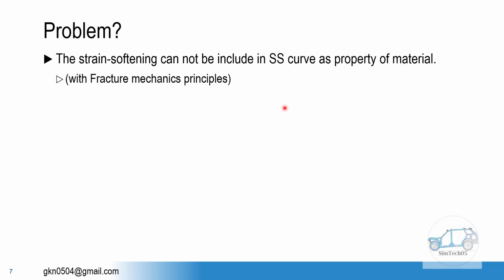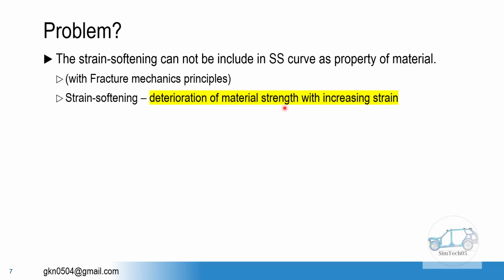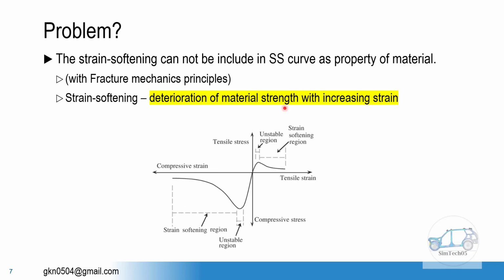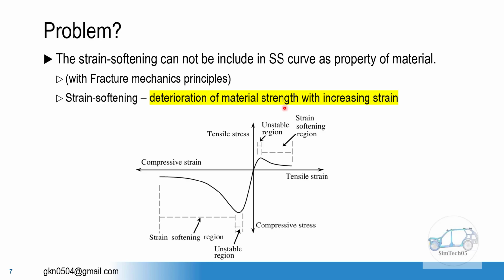The problem is, in classical elastic plastic material, we cannot define the strain softening behavior. And if we cannot include the strain softening behavior, we cannot include the fracture within the material. So what is strain softening in simple terms? It's basically a deterioration of material strength. It means even if we apply a lower load, a lower stress, the strain is going to increase.